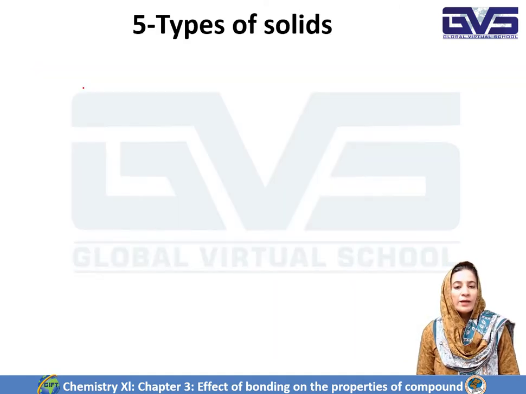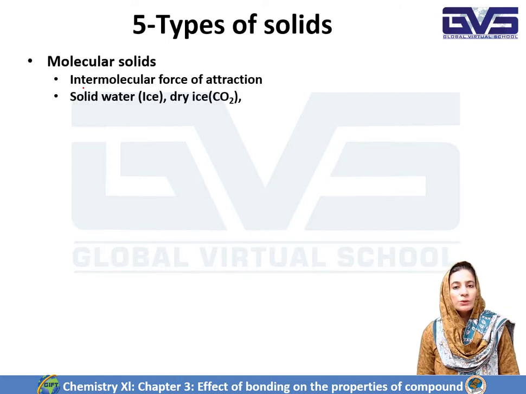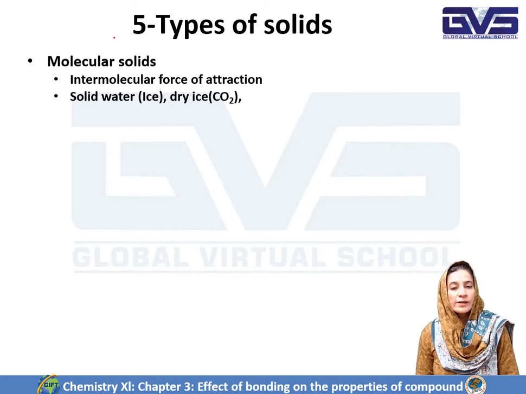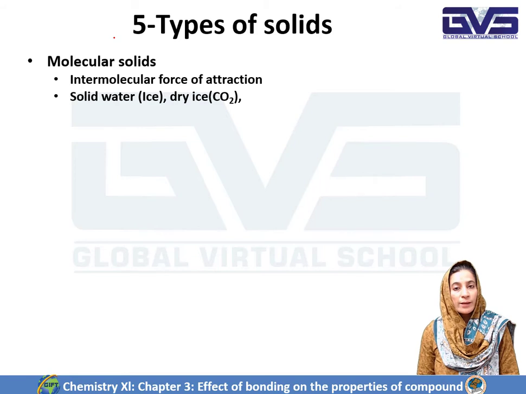Now we have different types of solids on the basis of their force of attraction. First one is the molecular solid. As its name says, a molecular solid is a solid that consists of molecules, in which intermolecular forces of attraction are present, like hydrogen bonding, dipole-dipole forces, London forces, ion-dipole forces.